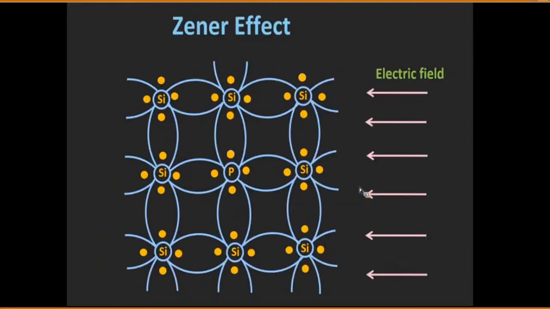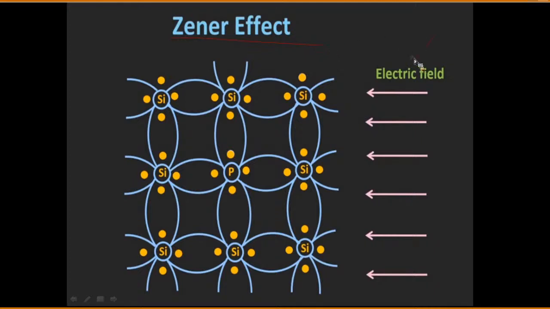Now, what is going to happen? This is the Zener effect. What is the Zener effect? The difference between the avalanche effect and the Zener effect is that in the avalanche breakdown, the breakdown is not due to the electric field, but in the Zener breakdown, the breaking of bonds is due to the stronger electric field. Now, what is it going to do?